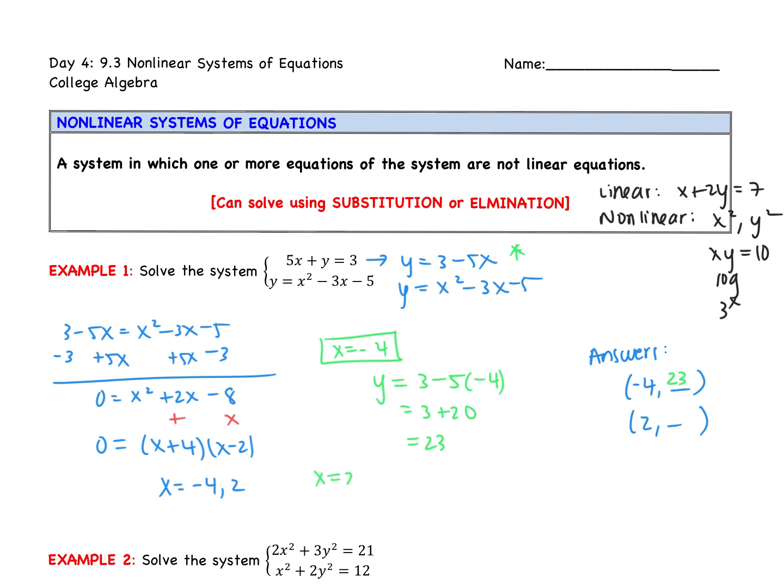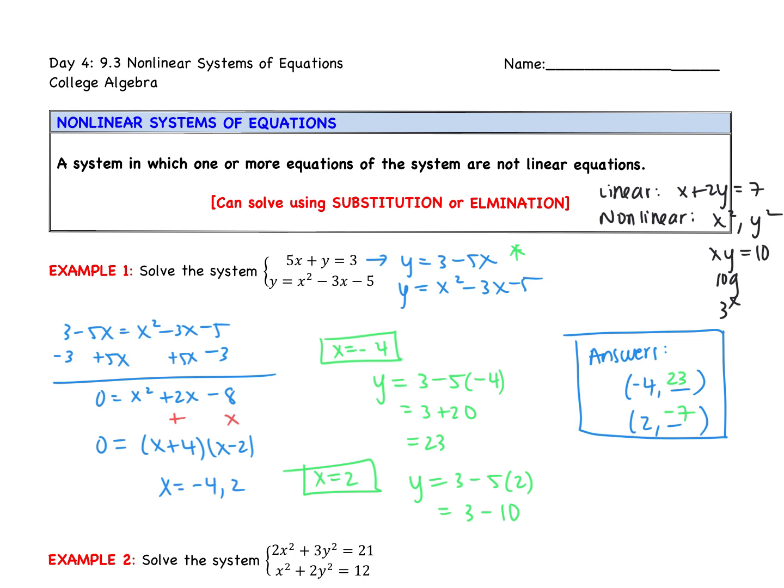Then if we substitute in x equals 2, we get y is equal to 3 subtract 5 times 2, which is 3 subtract 10, which is negative 7. So those are our 2 points of intersection. Not too bad.